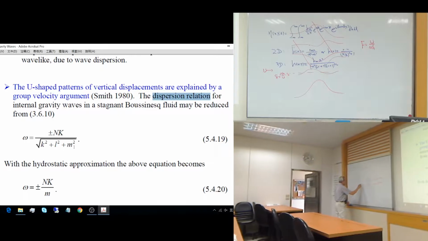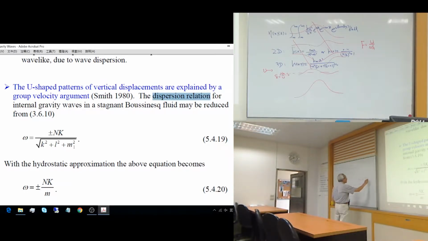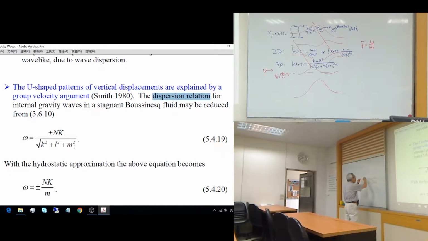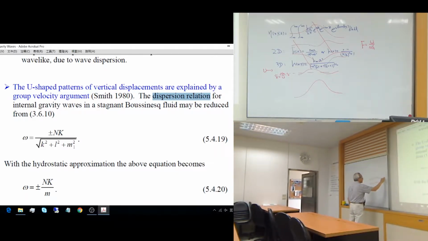Then you transform your variables into k and l, and also you have t, that's the time. What does time become? In frequency space, or wave number space. When we say this, we transform the equations into what we call wave number space.